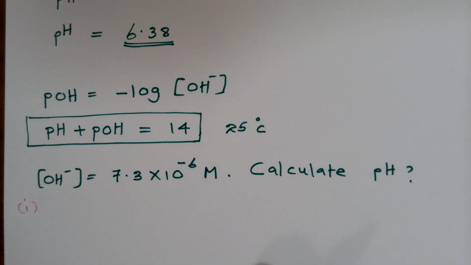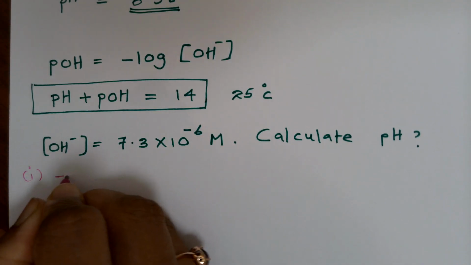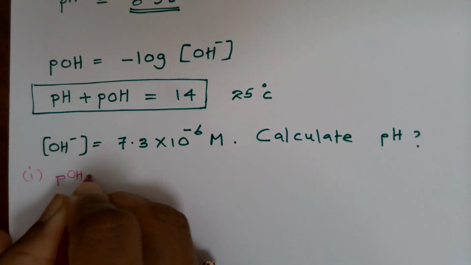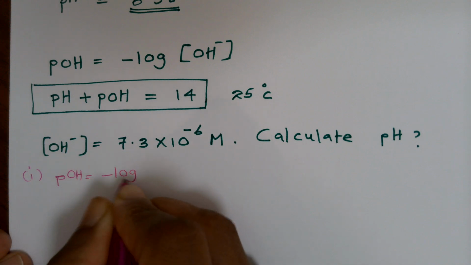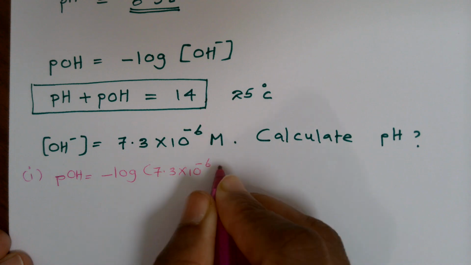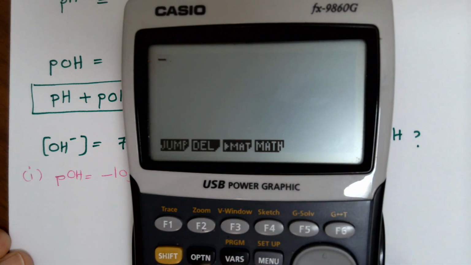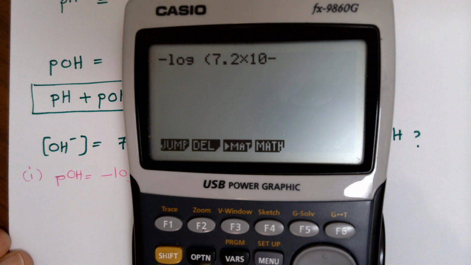So method number 1 is, I'm going to calculate pOH, which is equal to negative log of 7.3 times 10 to the negative 6. Right. So let's see what our pOH is. Negative log of 7.3 times 10 to the power negative 6.